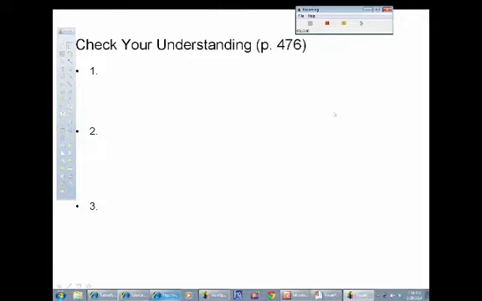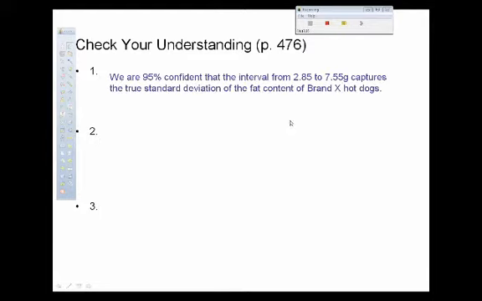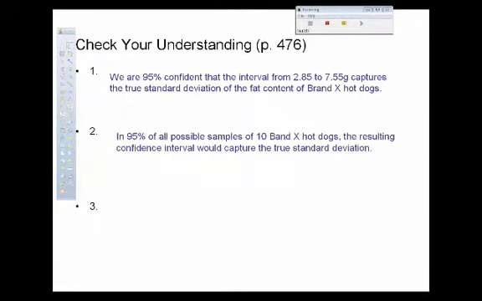Interpret the confidence interval. We are 95% confident that the interval from 2.85 to 7.55 grams captures the true standard deviation of the fat content of Brand X hot dogs. Interpret the confidence level. 95% of all possible samples of Brand X hot dogs, the resulting confidence interval would capture the true standard deviation.